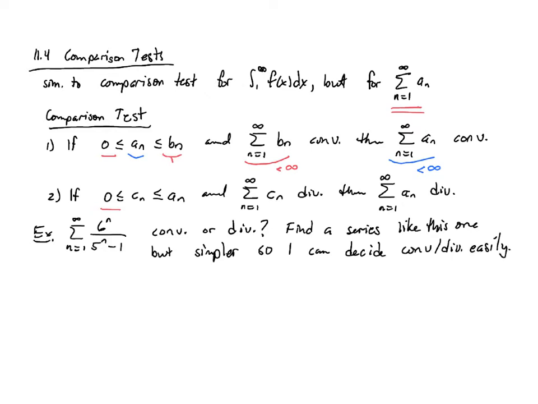And the series to keep in mind right now, we really only have two types of series to think about. We have the geometric series and we have the p-series.